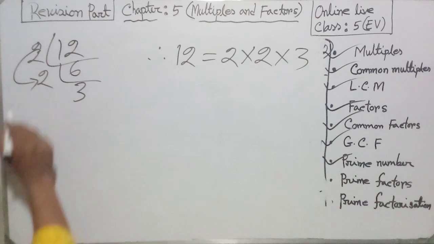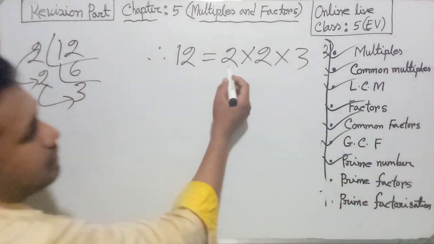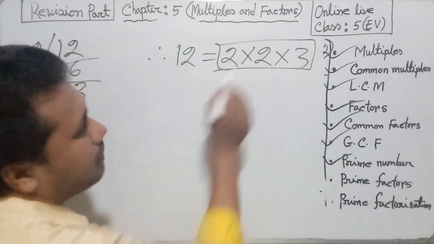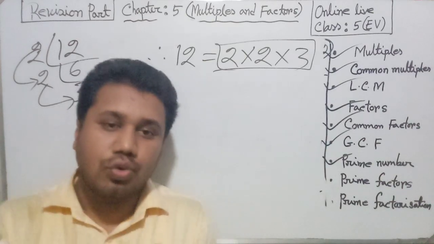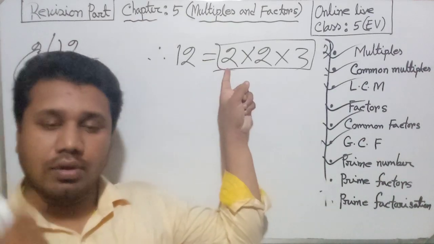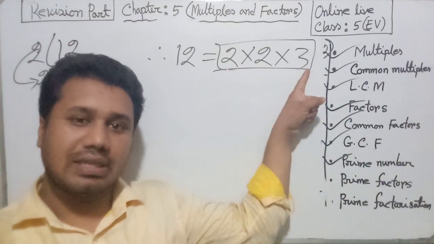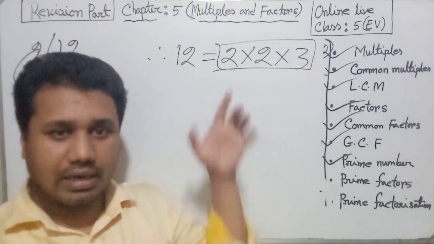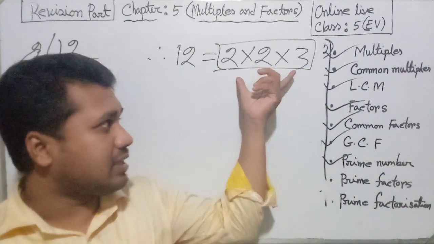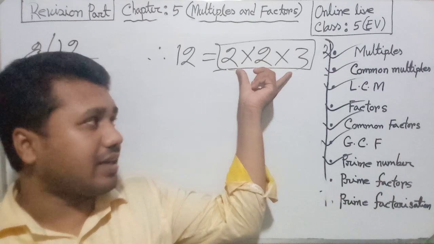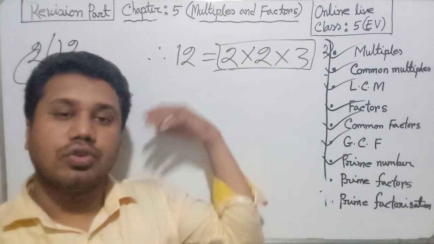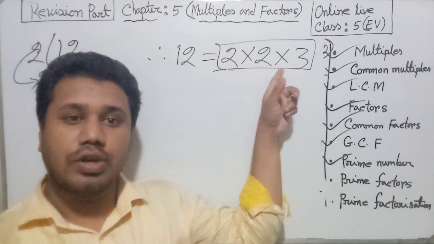This 2 is a prime number, this 2 also, and this 3 also, and they are joined by multiplication signs. This is the product, and if we find the product it will be 12. So for 12 we can write 2 into 2 into 3.